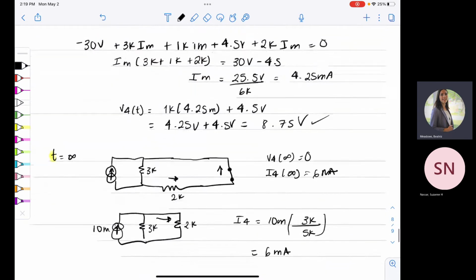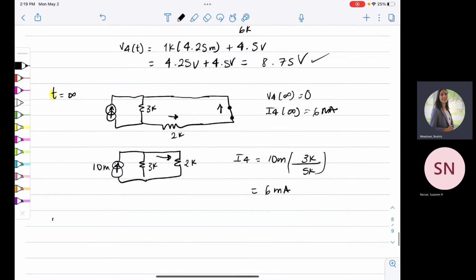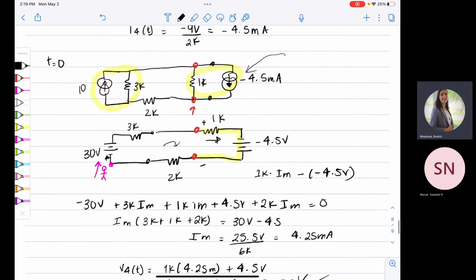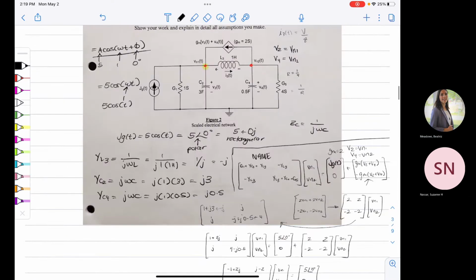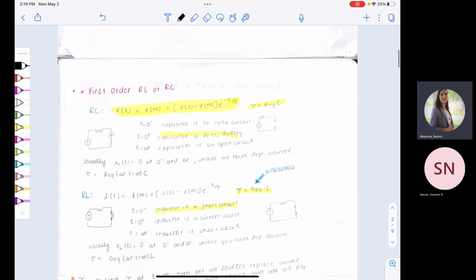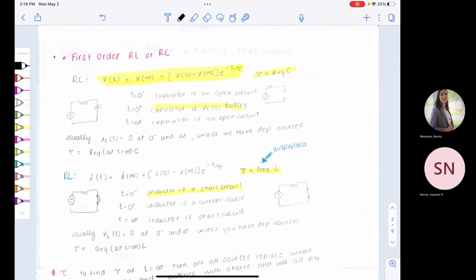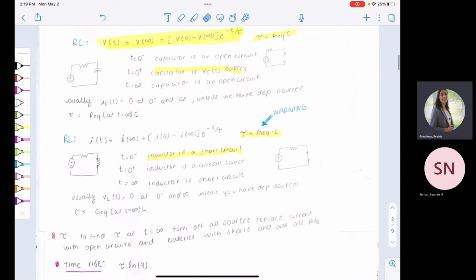So it's relatively easier. However, you need to remember that the formula for tau for an RL network, which is in the formula sheet I gave you for free for assisting here, is here. And I even put you warning signs to remember it's G and not R.